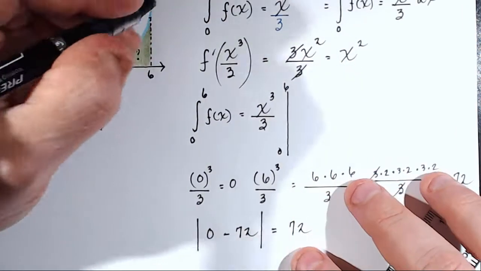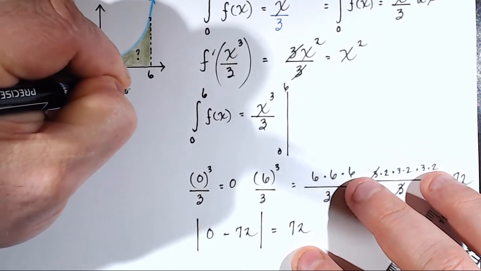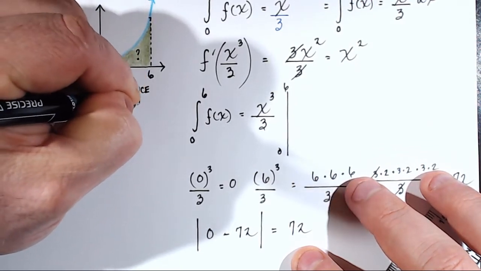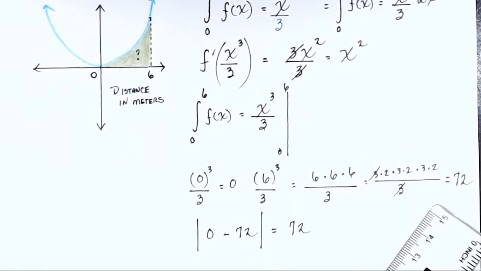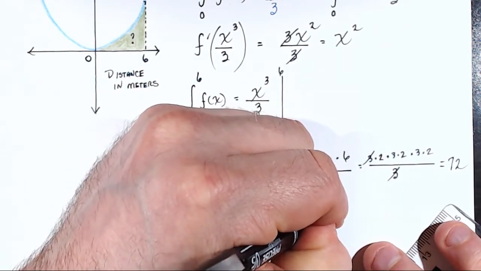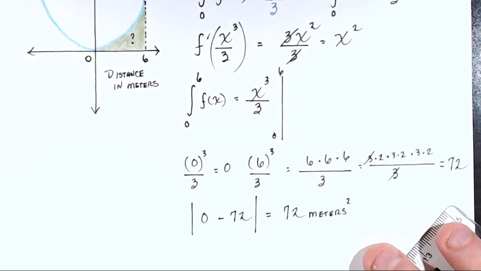Now, if this had been distance in meters, then you would put 72 meters squared.